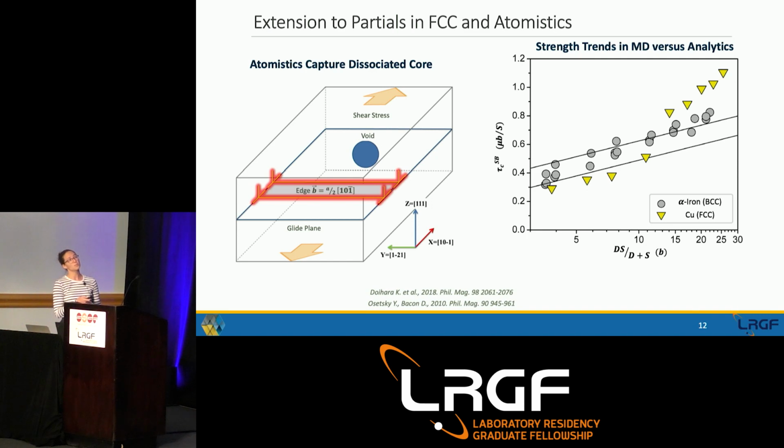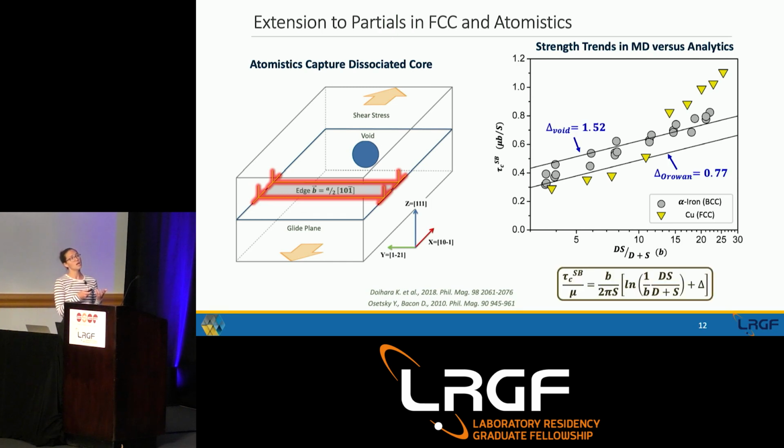In gray, our BCC problem, changing this D-bar parameter, the void size and spacing, we can see that it's bounded really nicely in between. This is the Scattergood and Bacon model with this empirical scaling factor for Orowan precipitates and voids, showing that our MD results scale relatively well with the analytical models.